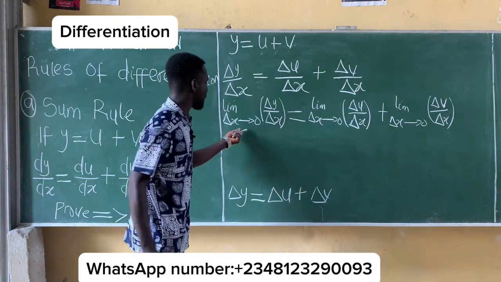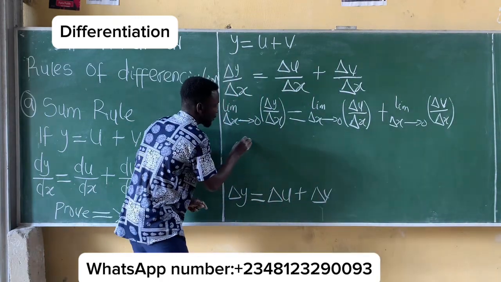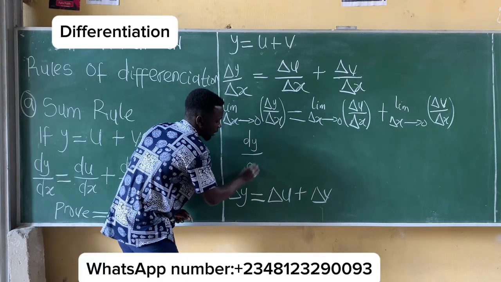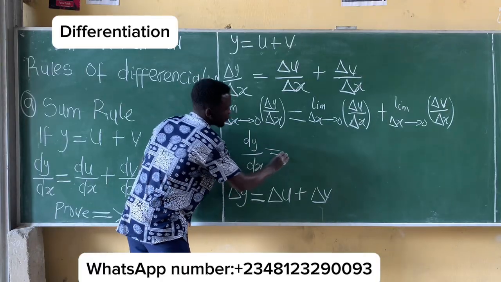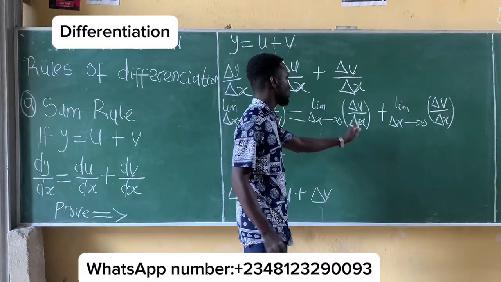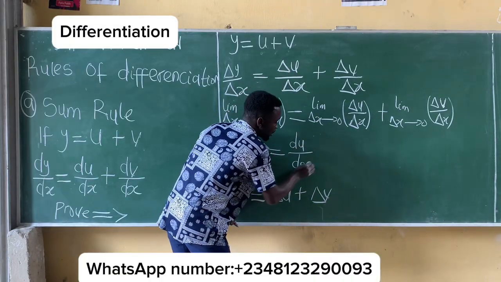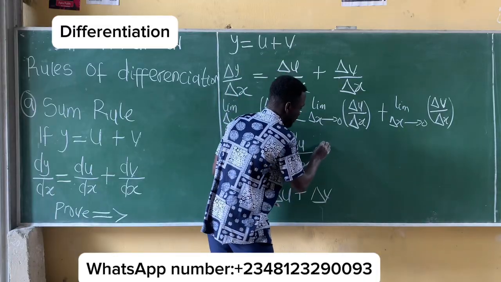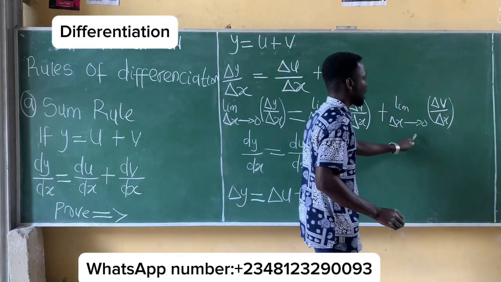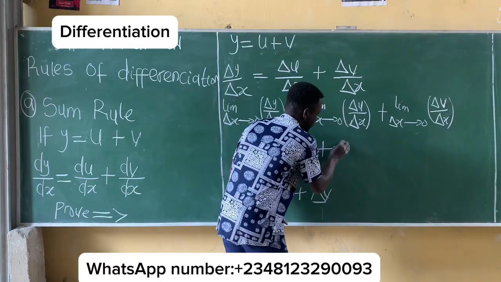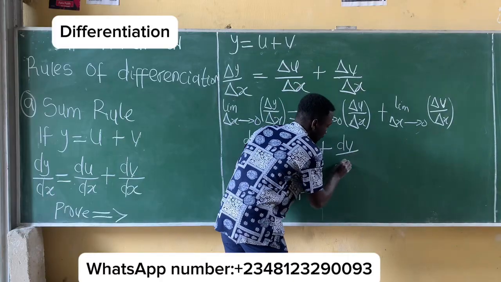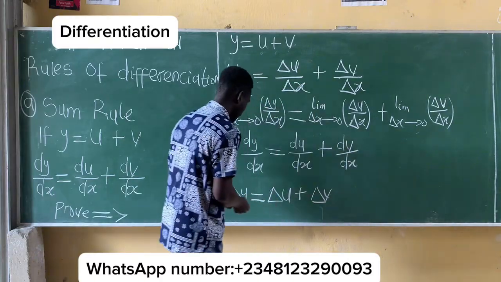Now, if we take the limit as delta x tends to 0 here, we are going to have dy/dx equal to du/dx plus, taking the limit as delta x tends to 0 here, dv/dx.